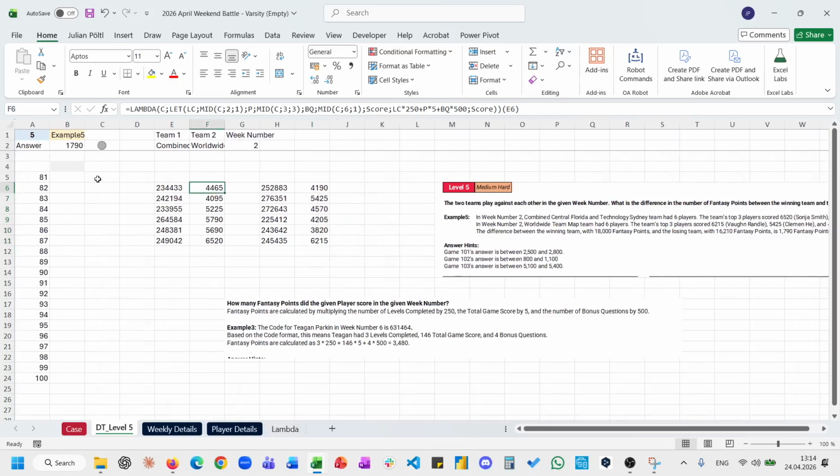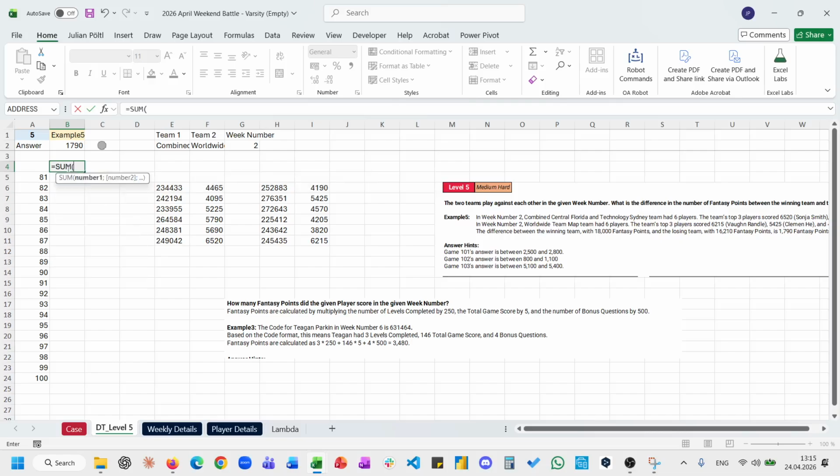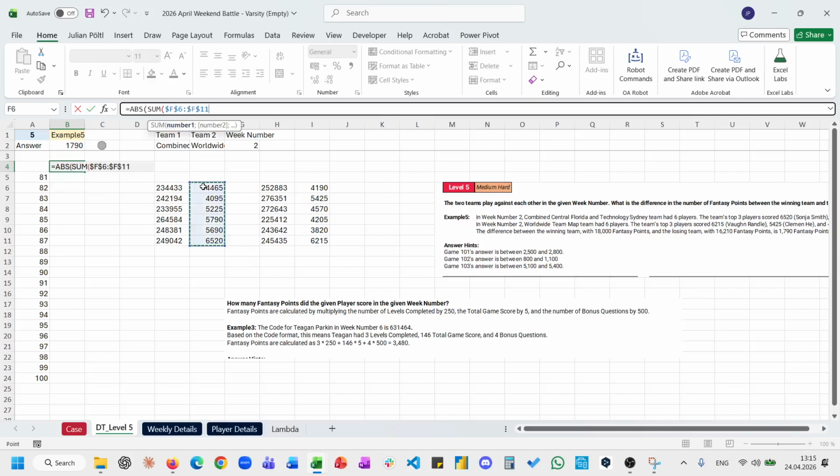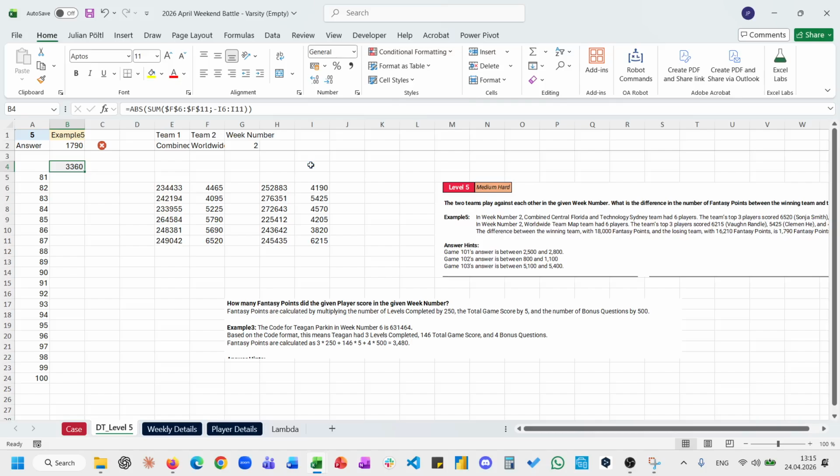So SUM and then ABS, sum of the first minus the second. No. Okay, the question is why.